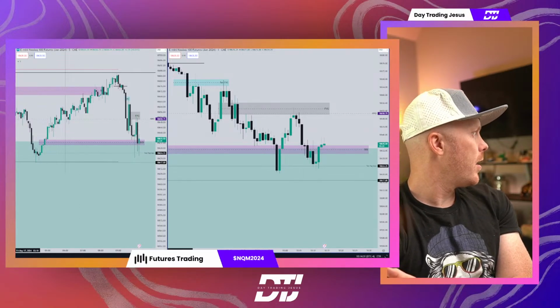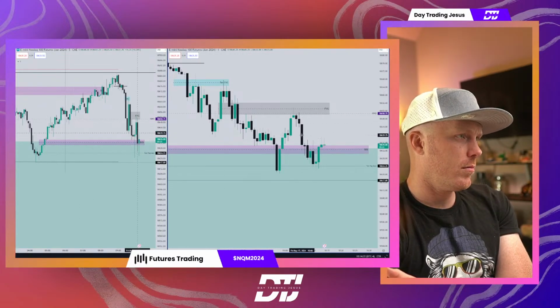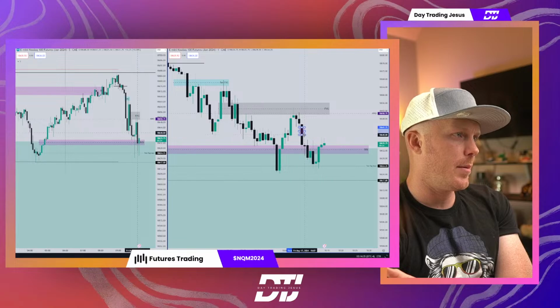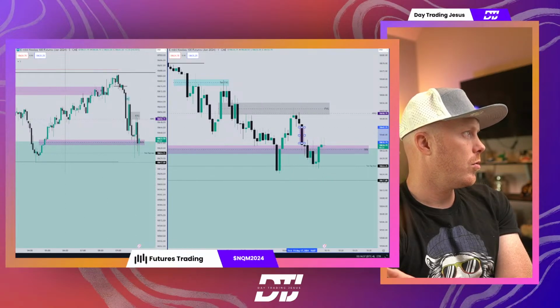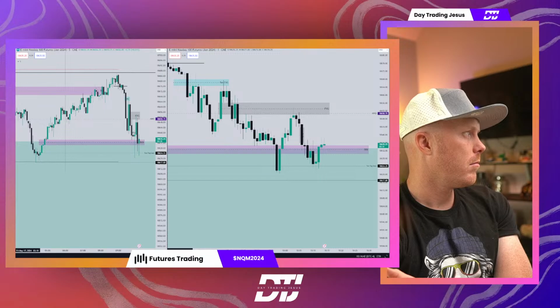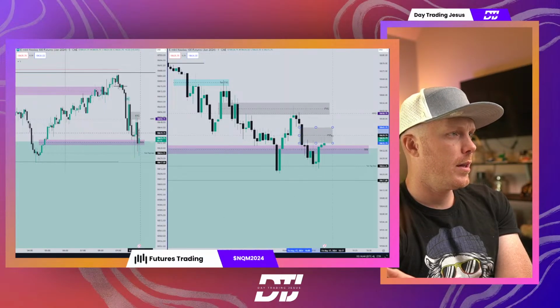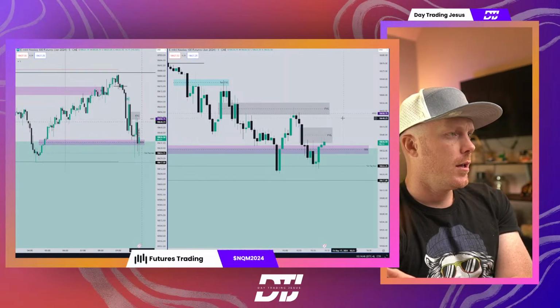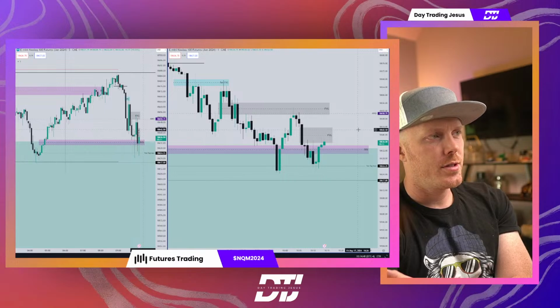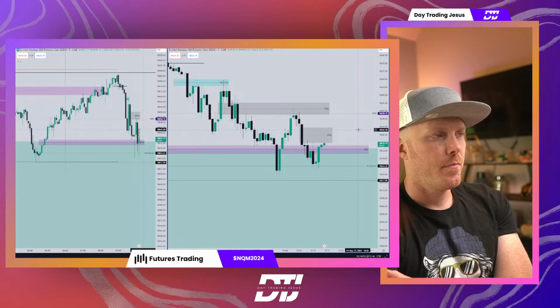Now, if you're thinking, well, okay, great, inversion gaps are great. So can we play this inversion gap? Can we play that? My answer is it's a B plus setup.